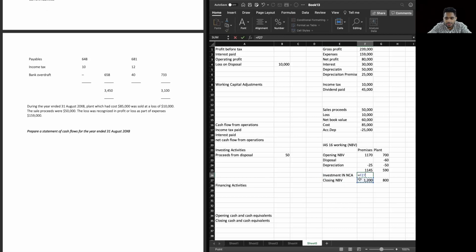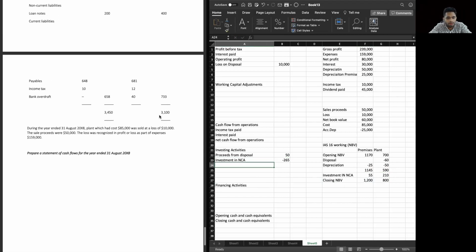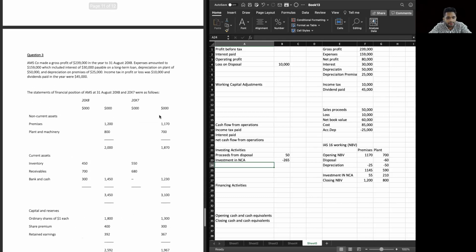So 1,200 minus 1,145, 55 on premises. 800 minus 590, 210 on your plant. So altogether 265. So investment in non-current assets would be 265. So we are done with that working.